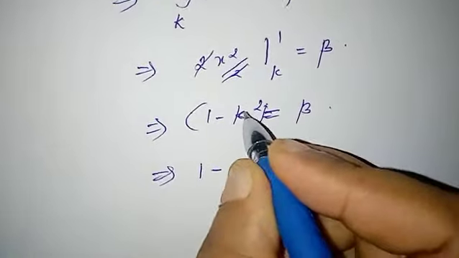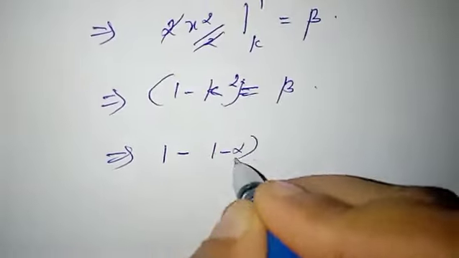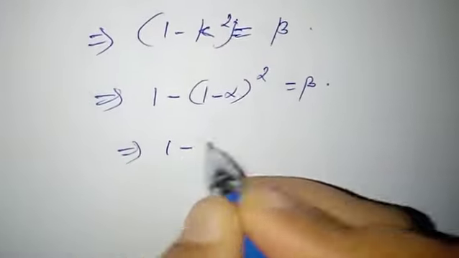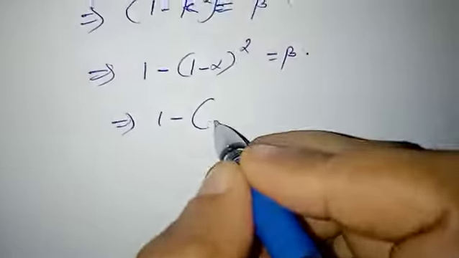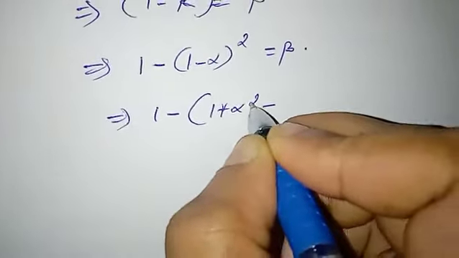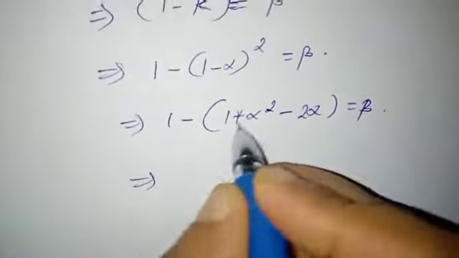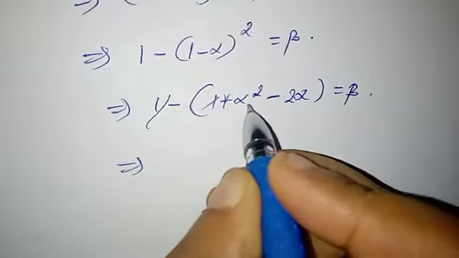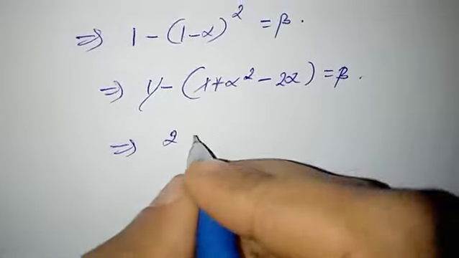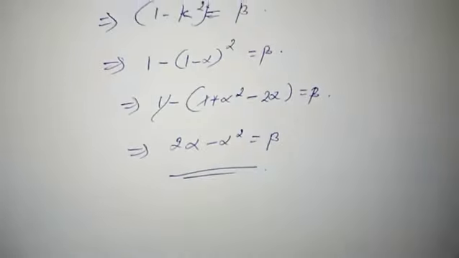What is the value of k? k is 1 minus alpha, so 1 minus (1 minus alpha) squared equals beta, which implies 1 minus (1 plus alpha squared minus 2 alpha) equals beta. The 1 cancels, so 2 alpha minus alpha squared equals beta. This is the power of the test.